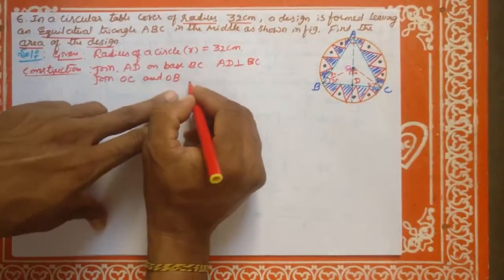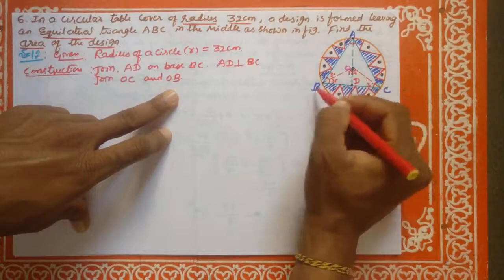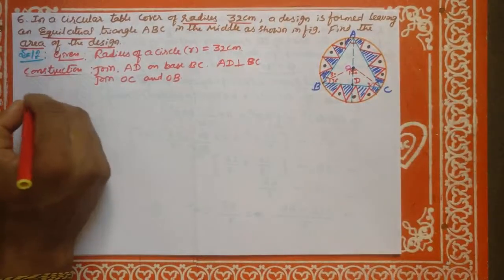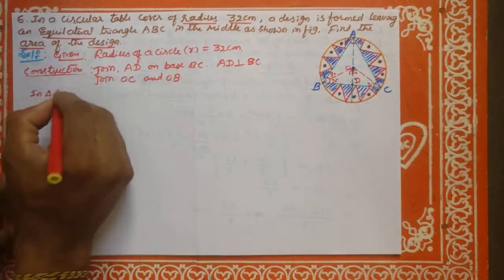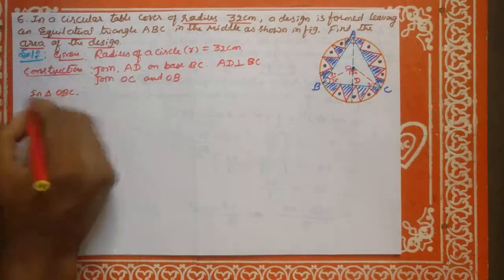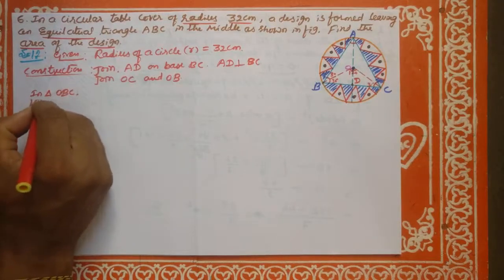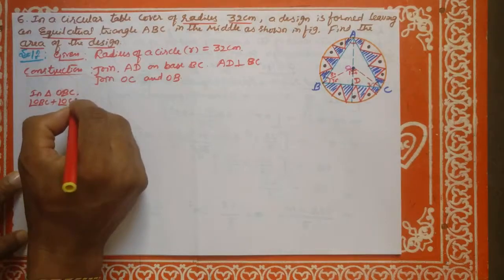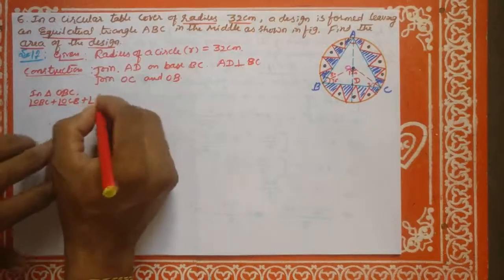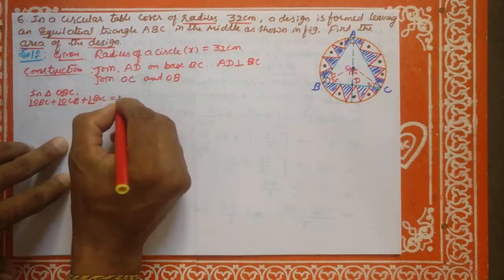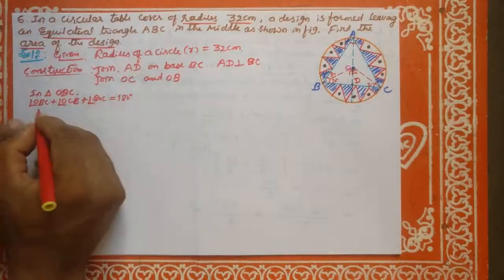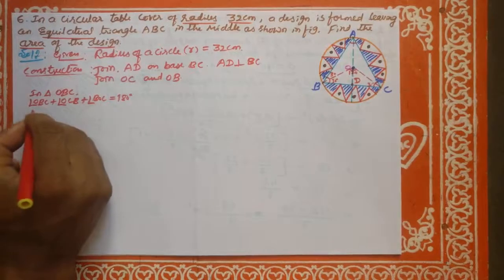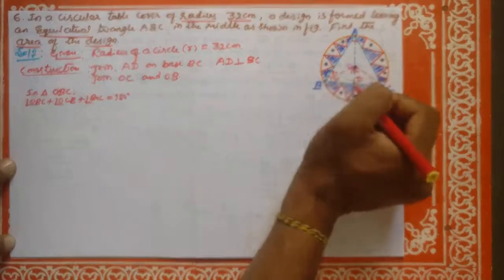See, join OC and OB, we will get a triangle OBC. In triangle OBC, angle OBC plus angle OCB plus angle BOC is equal to 180 degree. Here angle OBC is equal to 30 degree, that is half of angle ABD, means that is 30 degree only.